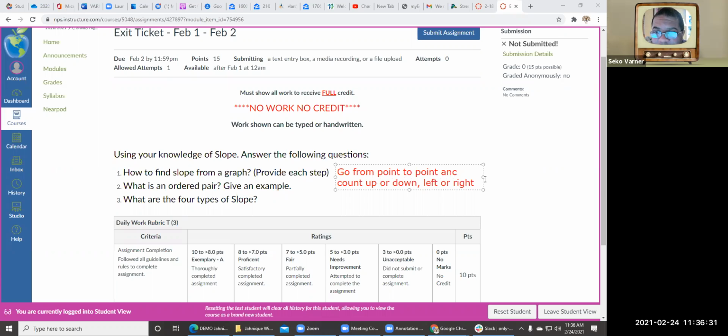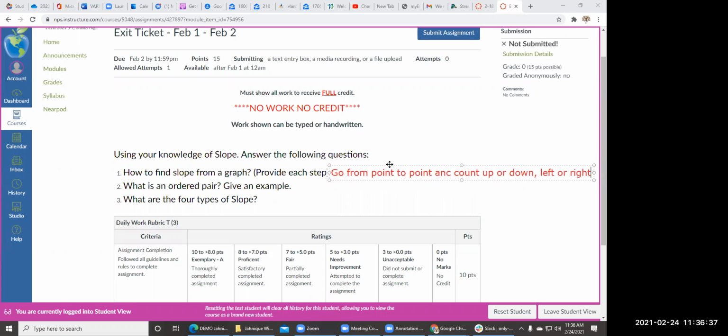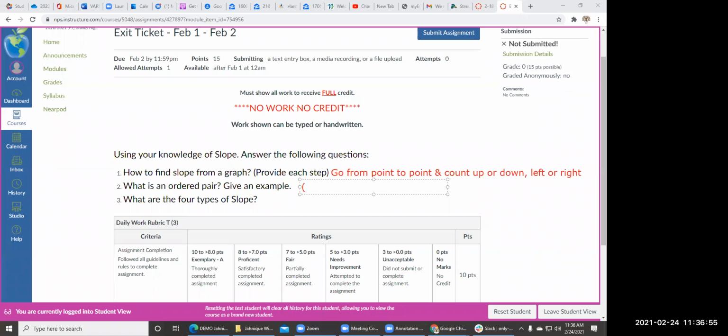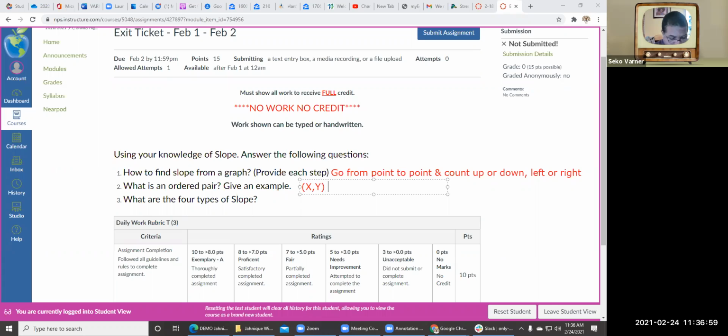You're going to go from point to point, and you're going to count up and down, left or right. Ooh, I spelled and wrong. I put it ink. Let me just make that the ampersand symbol. All right. Okay, good. And what's an ordered pair? Tell me what an ordered pair is.